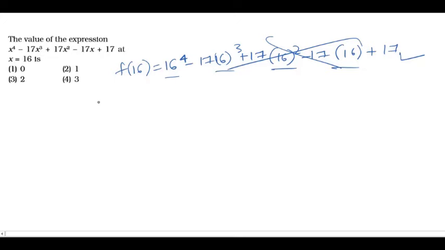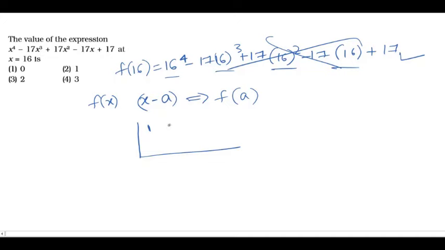Whenever f of x is a polynomial of degree n, and you divide it with x minus a, then the remainder is f of a. So first we will see what is the remainder. Before doing that, first do this division.